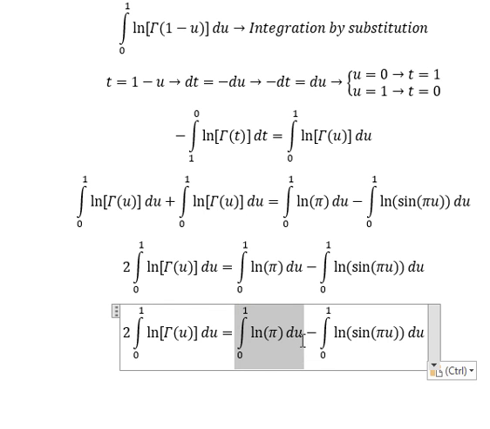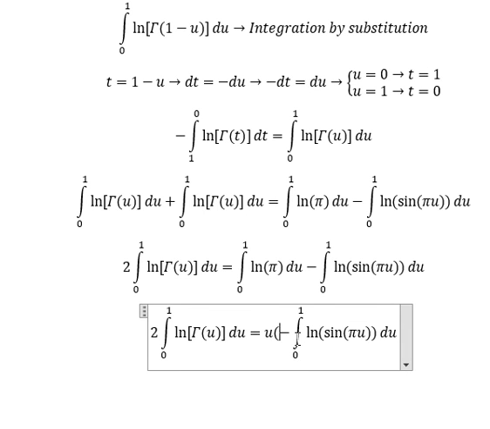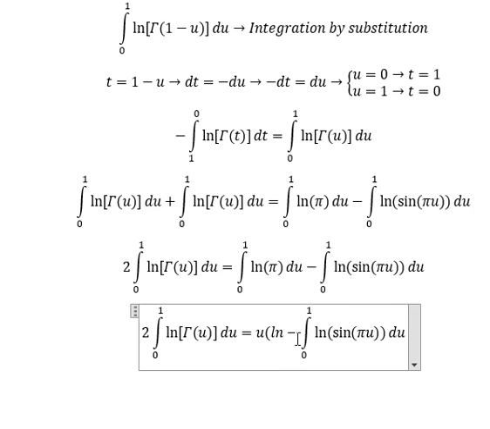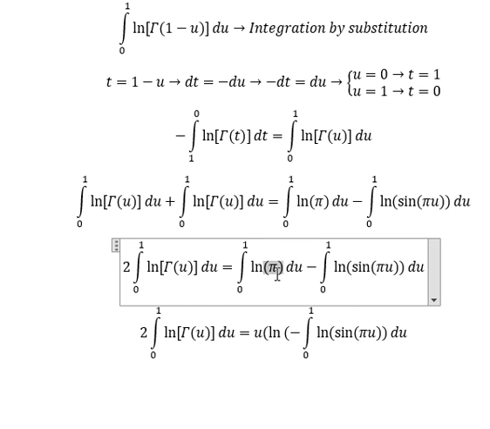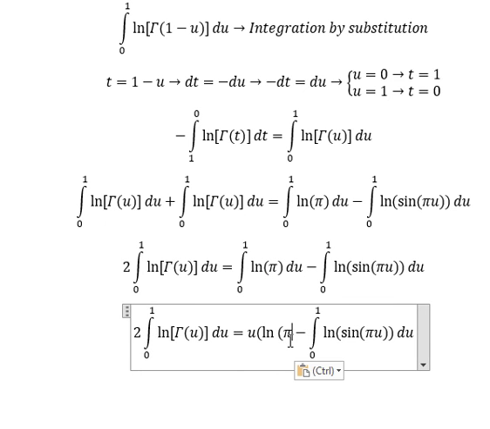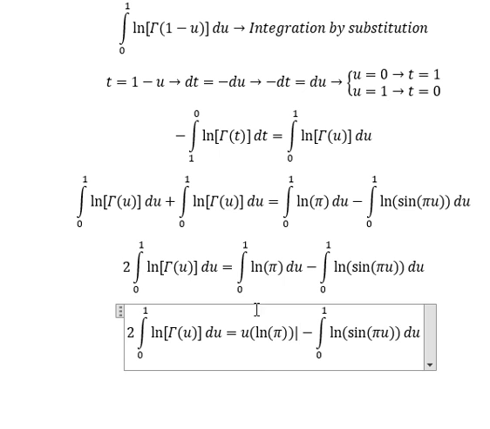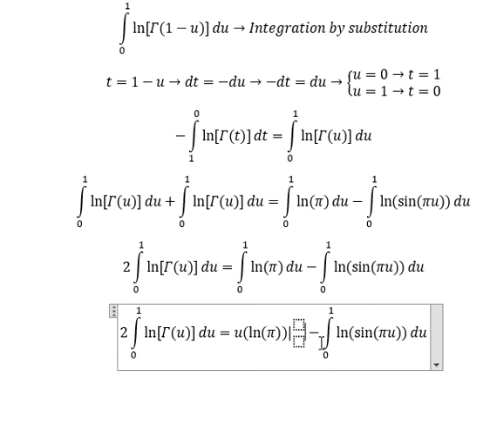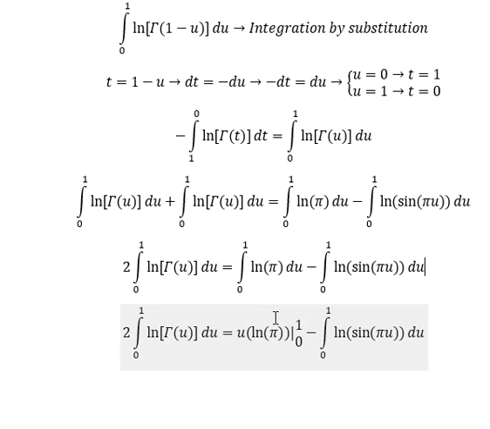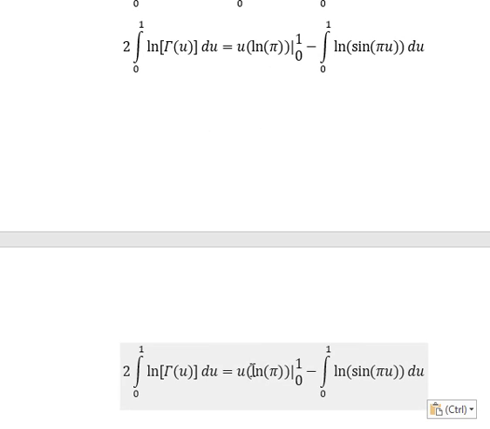So you will get u ln b. And we have the bounds from 0 to 1. So we put 1 and 0 in here, and you get ln b.